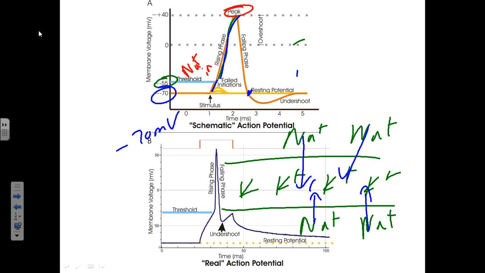The potassium rushes out. And that's why this voltage starts to drop back down. So it goes a little bit past where it needs to. And during this refractory period, the sodium-potassium pump is getting things back to normal. It's building a gradient back up. It's pumping the sodium back out and the potassium back in to get back the resting potential.